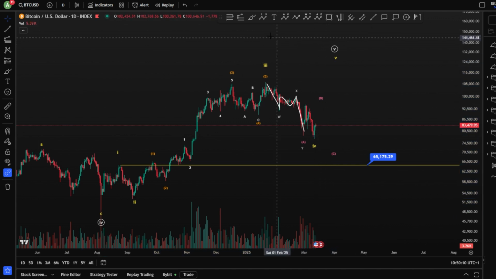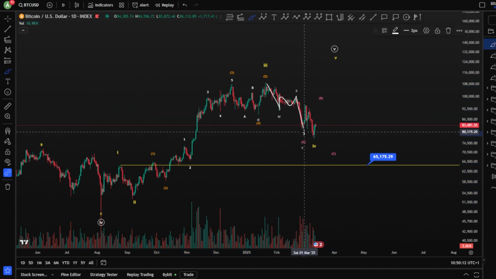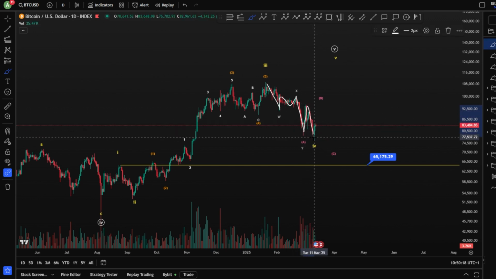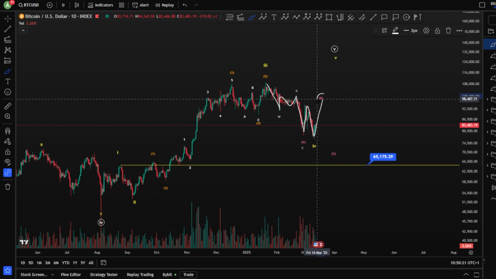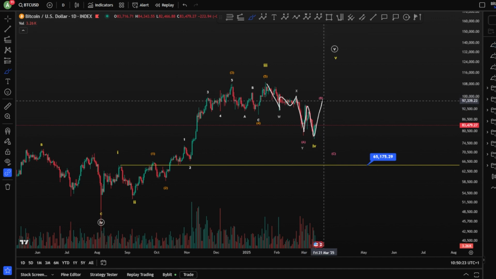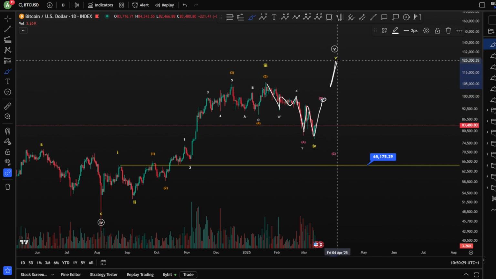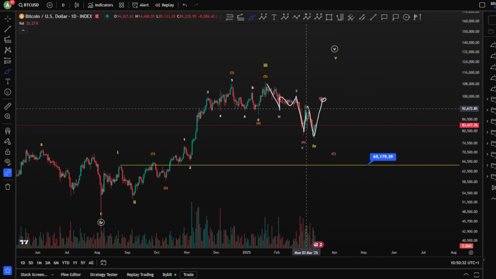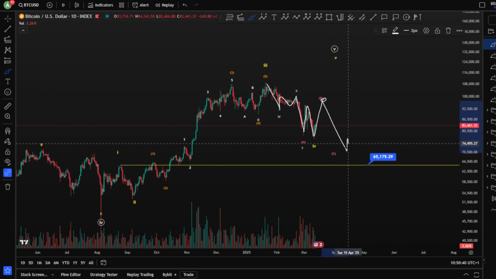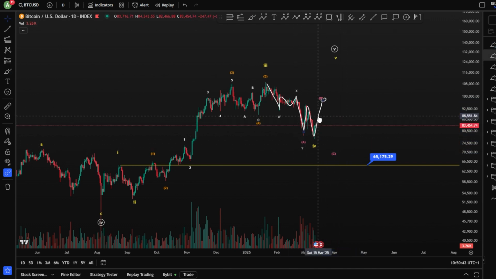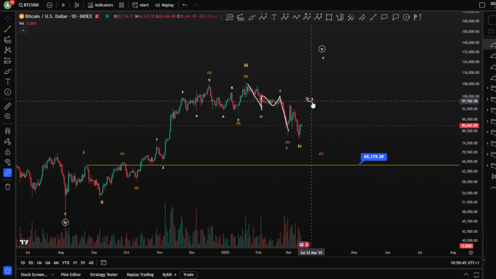In this scenario, if we have this as WXY and we bottomed exactly here, and now we're starting a new structure which is 3 waves up, 3 waves down, we're looking for 5 waves up to finish a wave B. And this will reduce much more the possibility of this move toward the upside for wave 5, because anyway, you are 3 waves up and then 3 waves down, and you're looking for 5 waves up to finish an expanding flat for a wave B, meaning continuation simply toward the downside, which is opening the highest possibility here for the bearish scenario rather than the bullish scenario.